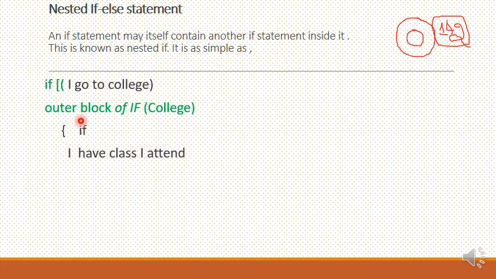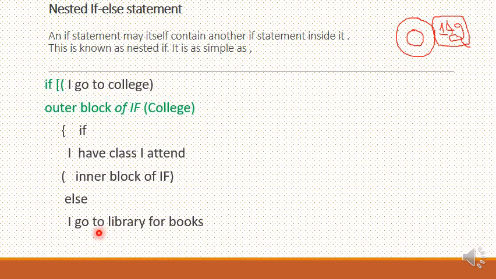But if you are not having the class, then what do you do? Else, you go to the library. Correct? That is why I have written, I go to library.